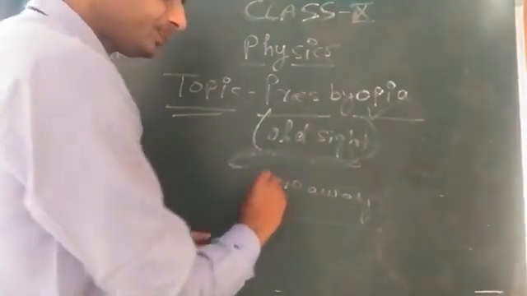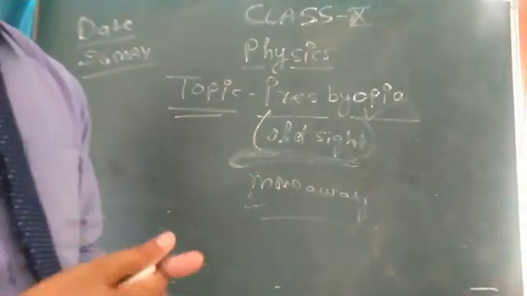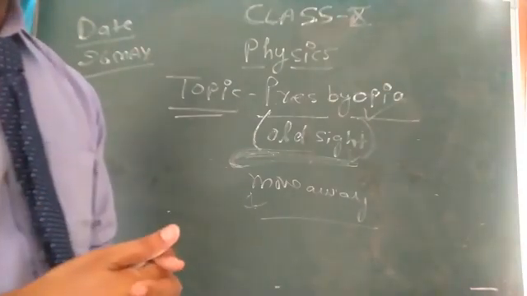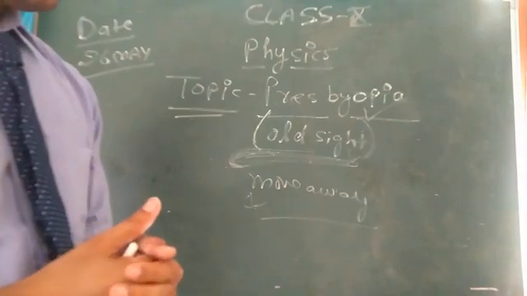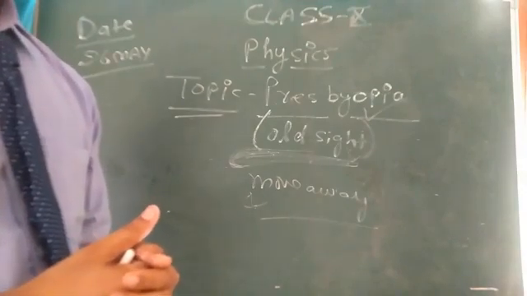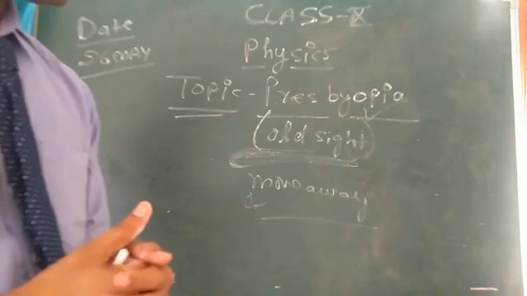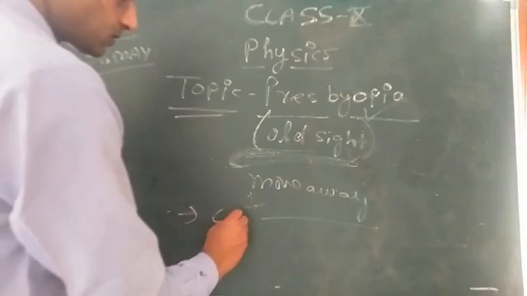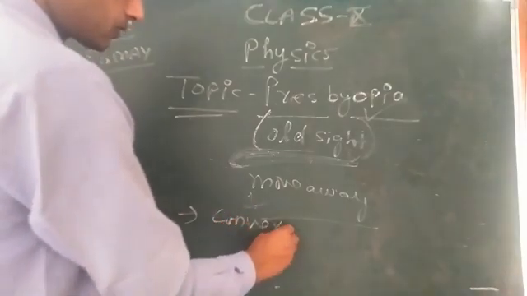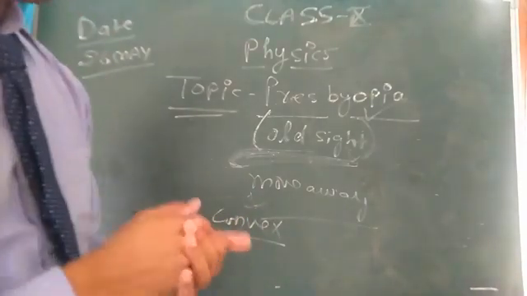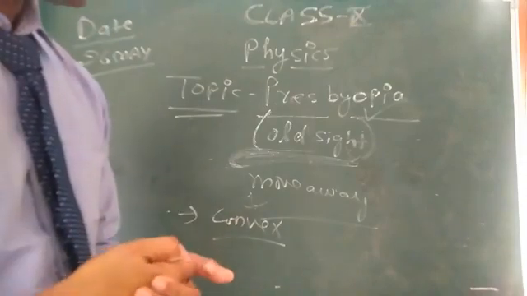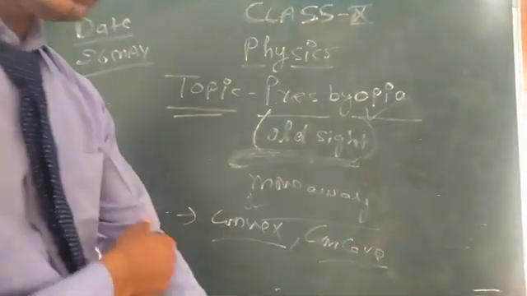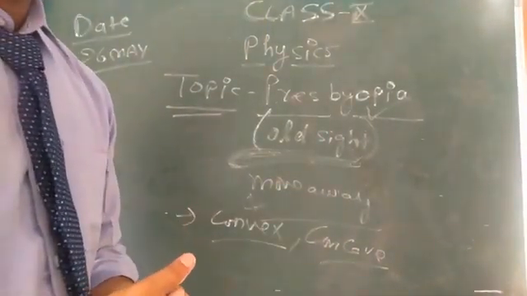But sometimes a person may suffer from both myopia as well as hypermetropia. Two pairs of spectacles are required for such a person: one pair convex for reading and another pair concave for distance vision.